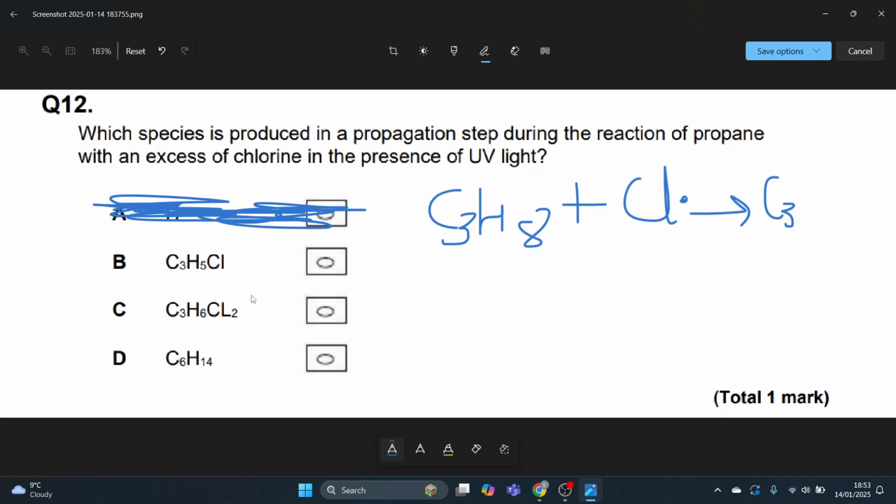Now, I think I just need to recap quickly on propagation steps and how to construct them. It might be ridiculous, but I think I do. So it's just going to take me like 30 seconds, and then I'll be back, just reading the textbook.